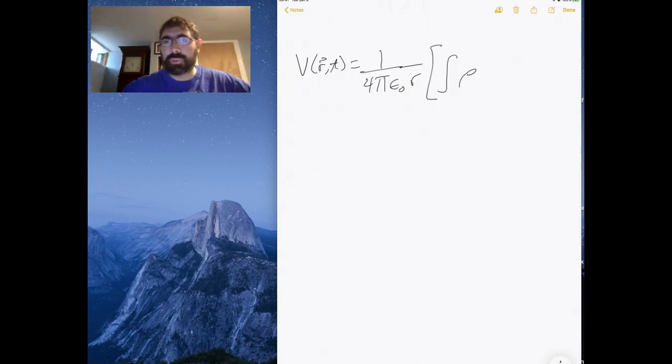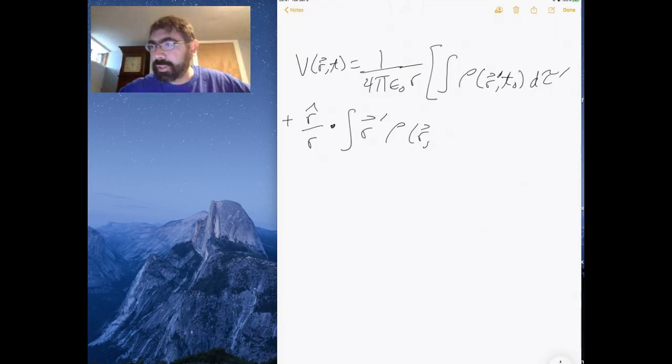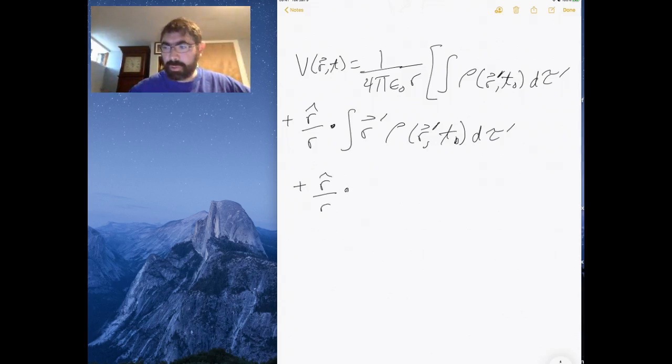One is, because I use the Taylor expansion, the first term in the Taylor expansion is just the charge density, plus r hat over r dotted into the r prime, plus now the time derivative of the charge density.